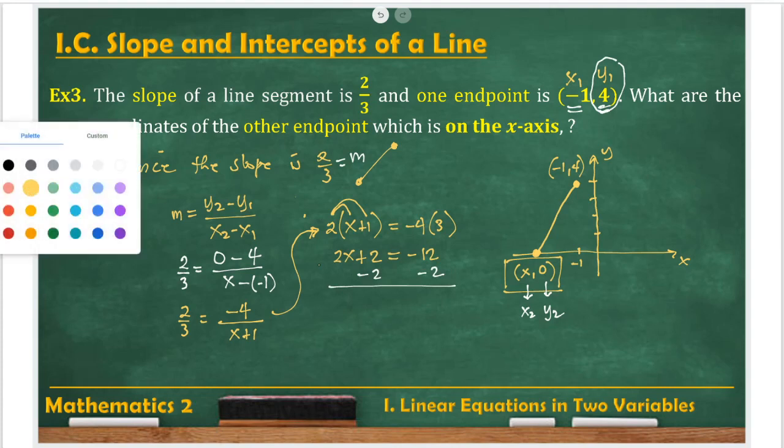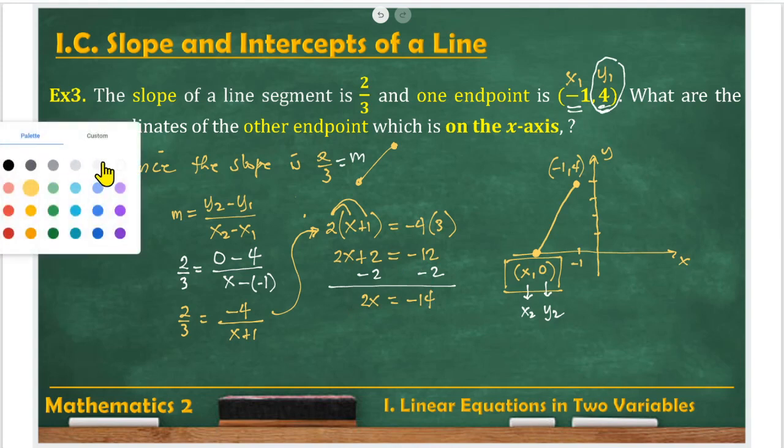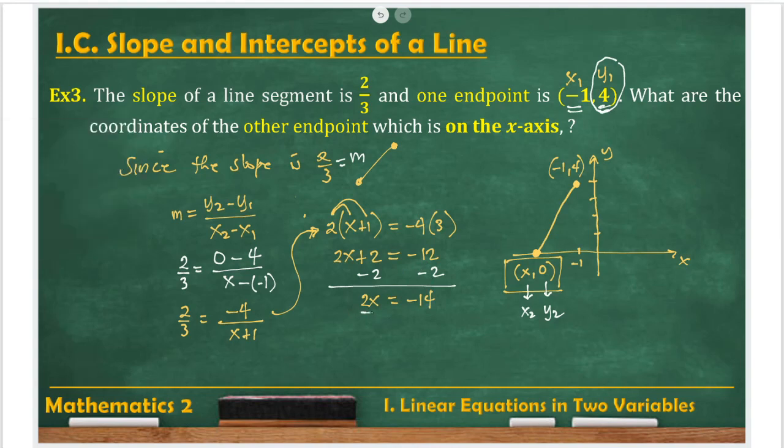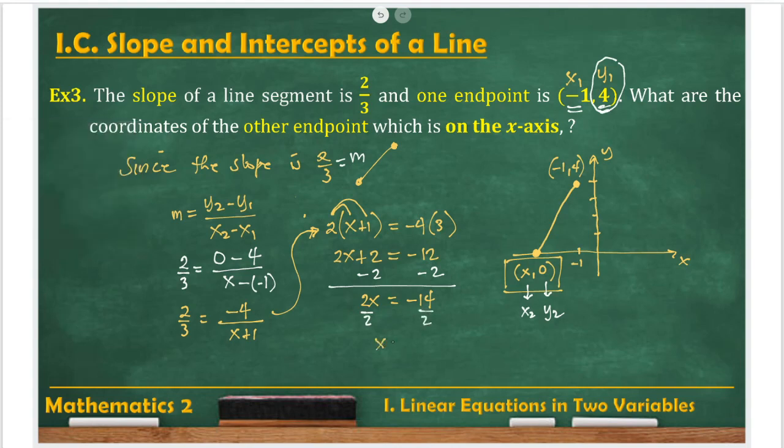Since we are solving for x, we need to isolate x from the rest. So 2x plus 2 minus 2 is just 2x, equal to -12 minus 2, that's -14. Then to solve for x, we divide both sides of the equation by 2. So x is equal to -7.